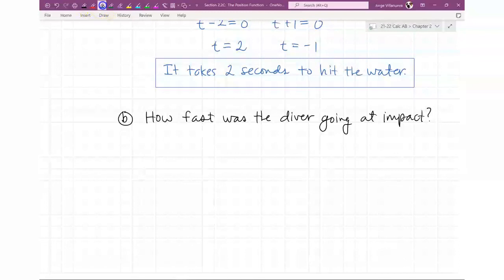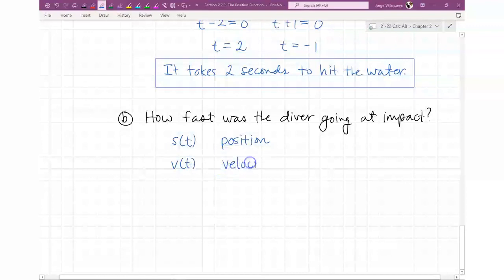Before I write my original function, let me teach you something really quick. S of t is position. V of t we call velocity. We find v of t by taking the derivative of position.